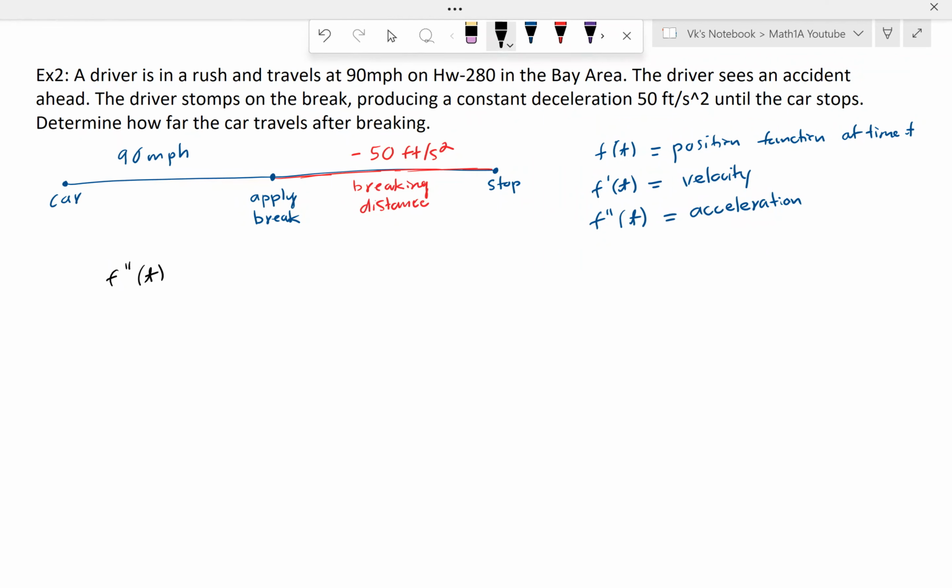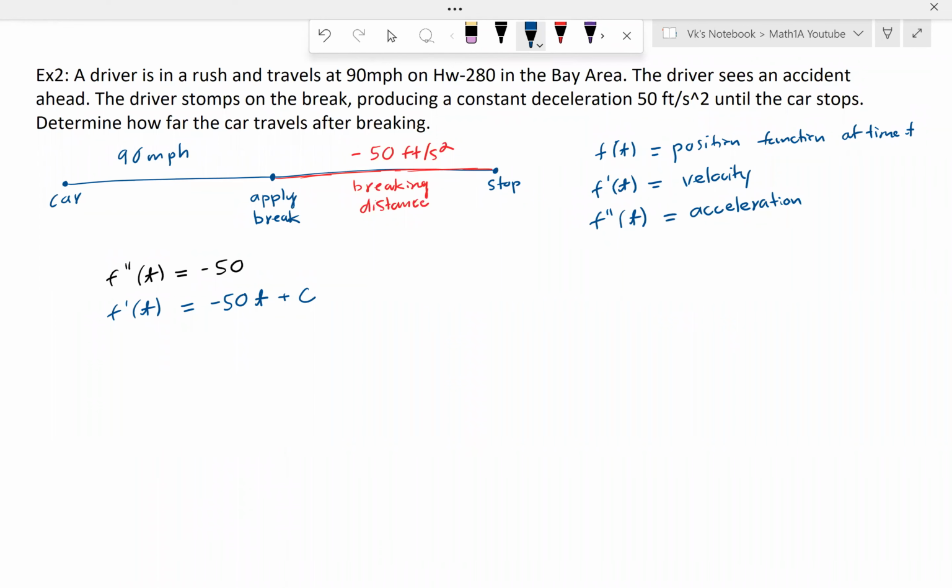The second derivative is negative 50. The antiderivative of the second derivative is the first derivative. So f prime t is negative 50 t. Don't forget to add c. To find c, we have to use the initial velocity.